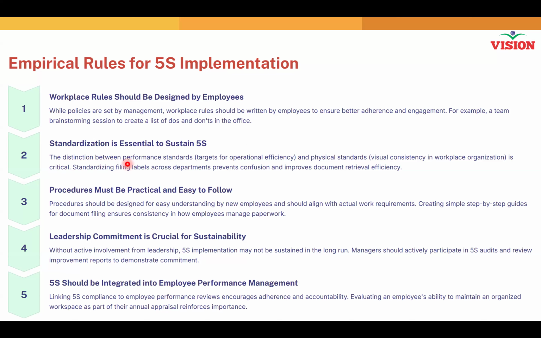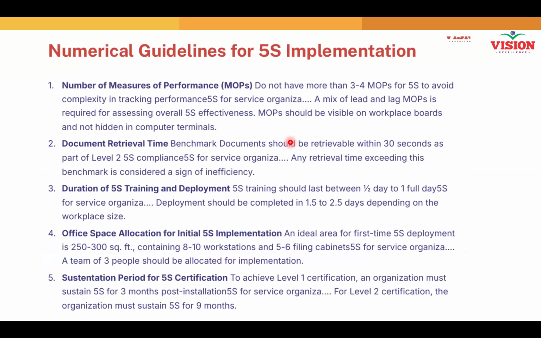So standardization is essential to sustain the 5S, and procedures must be practical and easy to follow, and leadership commitment is crucial, and 5S should be integrated into employees' performance management, so that they will also be motivated enough. So these are certain guidelines, and similarly some numbers.